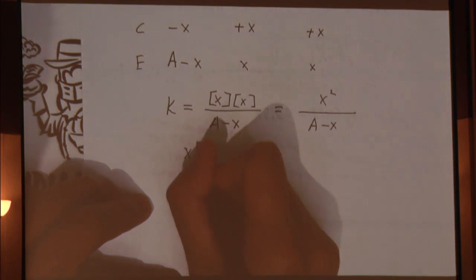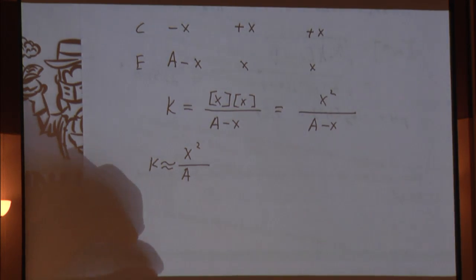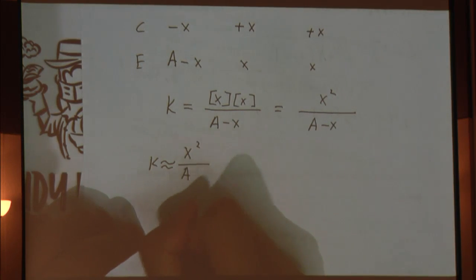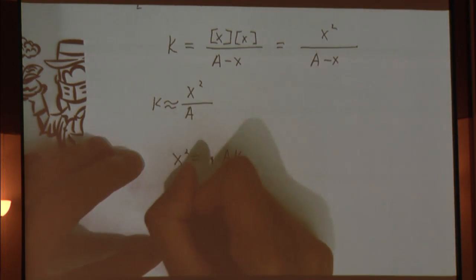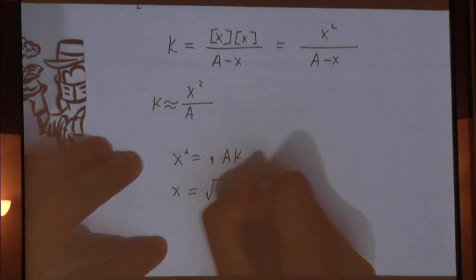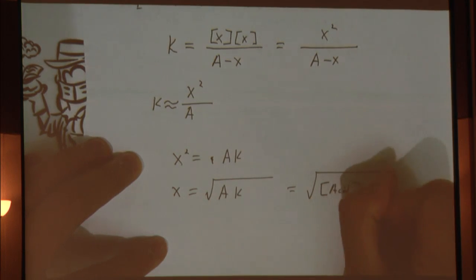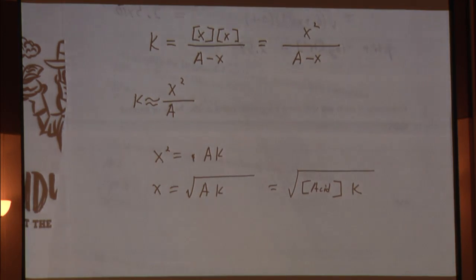So we just have K equals X squared over A. And then just rearranging our variables and solving for X, we get X is equal to the square root of the concentration times K. Does that answer your question? Awesome.